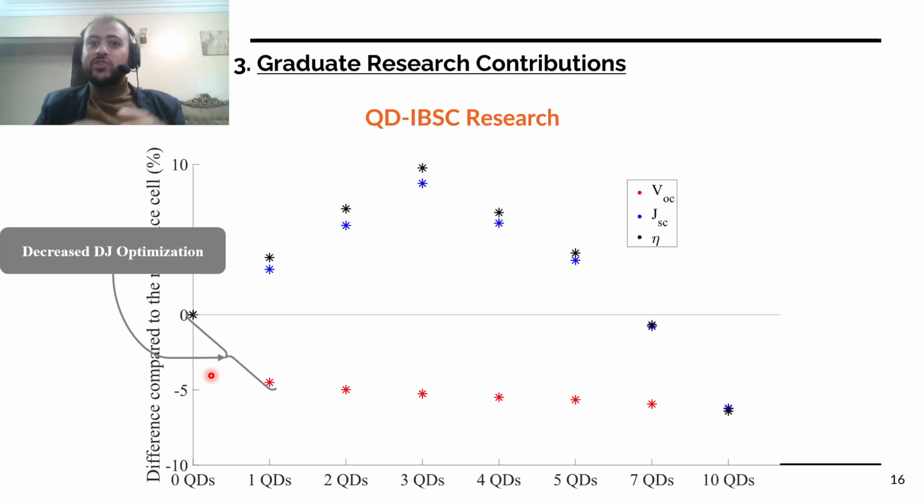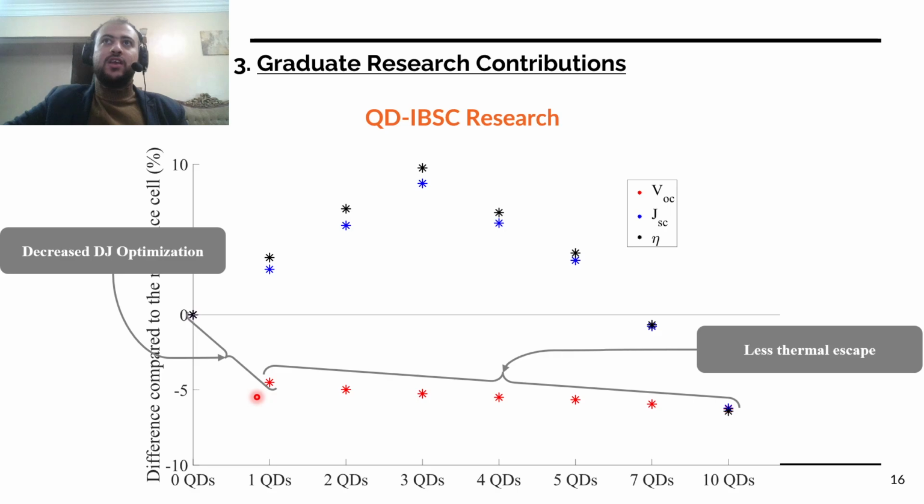So changing the thickness or adding new materials would tip off this highly optimized status. However, by increasing quantum dot layer numbers, we noticed a continuous V open circuit drop, but this drop is managed and not as severe compared to other systems like indium arsenide, gallium arsenide solar cells.